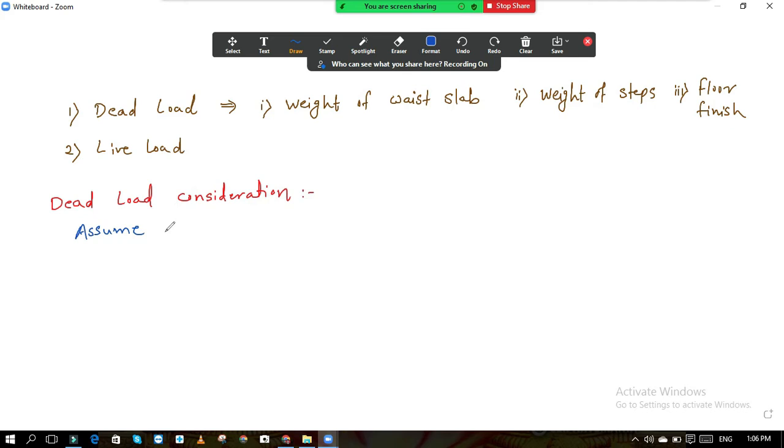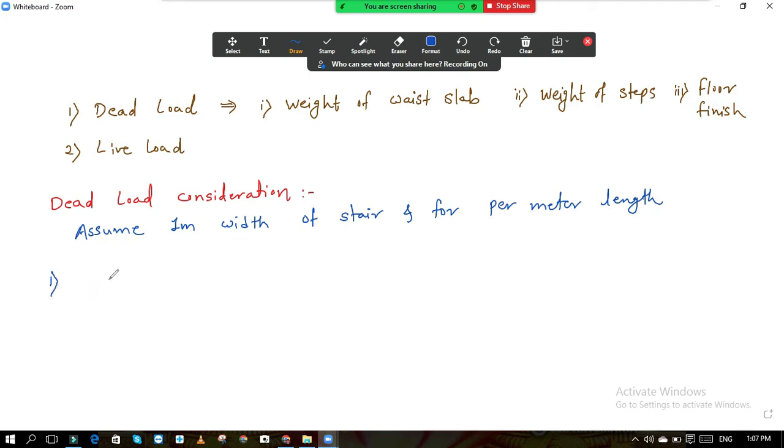Assume 1 meter width of stair, and per meter length.